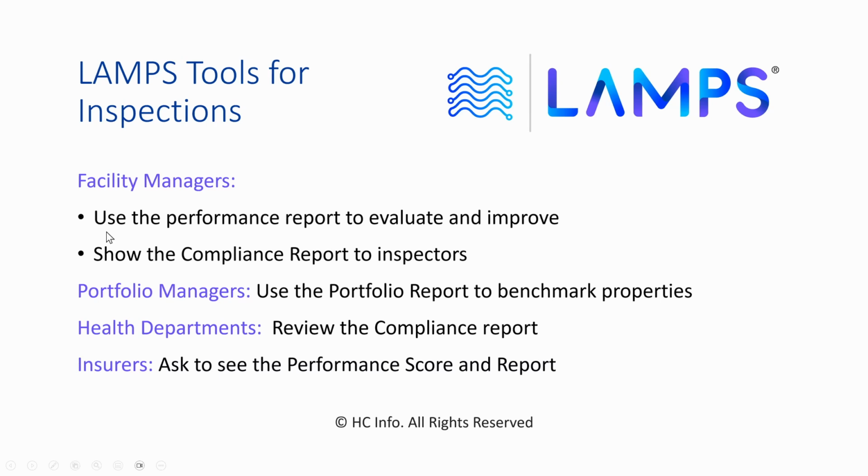And then for an inspection, use the compliance report. It's kind of an executive summary of sorts to show to an inspector that gives an overview of a lot of the things we've talked about, like number of control measures in each category for domestic water maintenance, for cooling tower maintenance, decorative fountain maintenance, and so forth. Show that to the inspector. It'll help them out. It'll save the inspectors a lot of time.